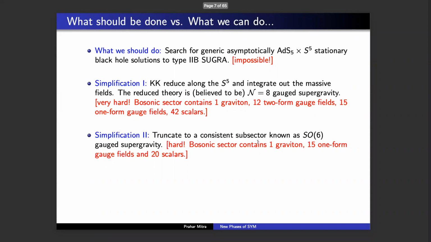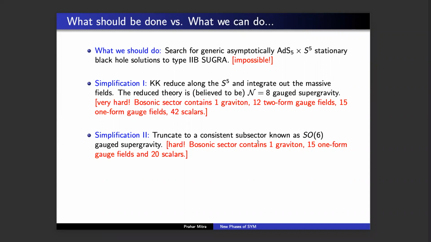So we're going to simplify one more time, or 2 more times. The second simplification is we'll truncate to what's known as SO6 gauge supergravity. And this theory contains just a single graviton and the 15 fields which transform in the adjoint of SO6 and 20 scalars. So all the 2-form fields have been thrown out.